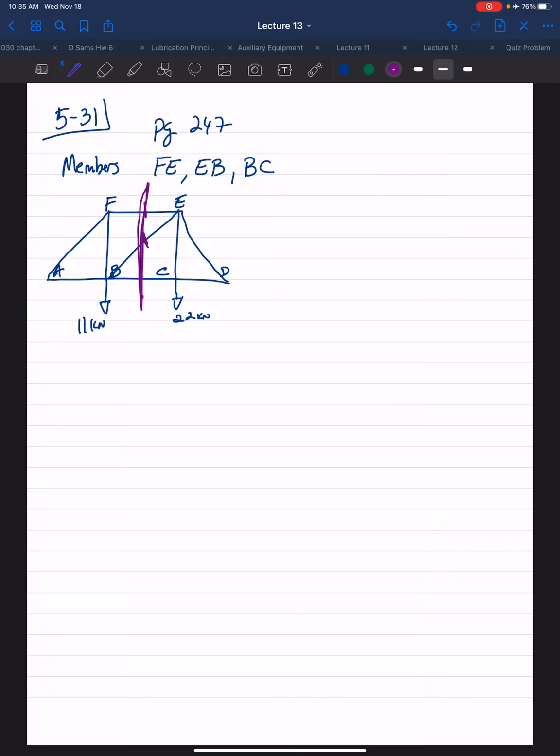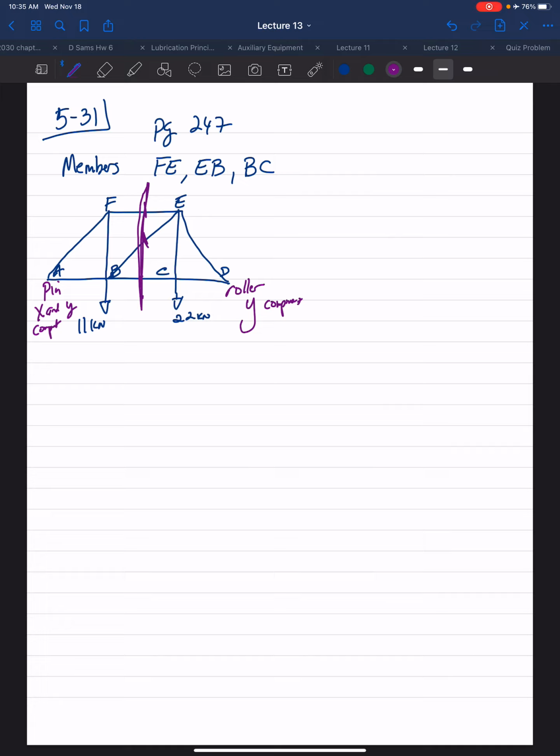A is a pin. D is a roller. So D just has a Y component for a support reaction. A has an X and Y component for a support reaction. So with that being said, it will be easier to work on the right side of this diagram.